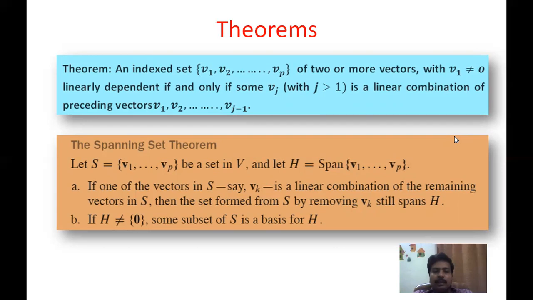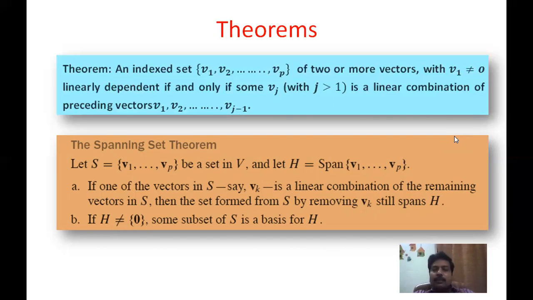And part B is that if H is not the null space, some subset of S is a basis for H, when H is equal to span of V1, V2, Vp, that is S. So it guarantees a basis whenever H is not the null space.